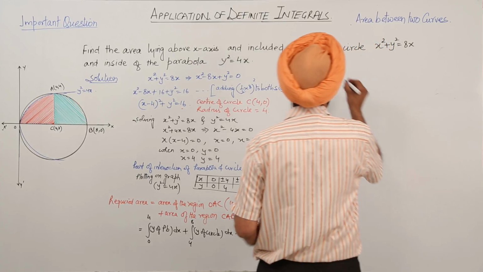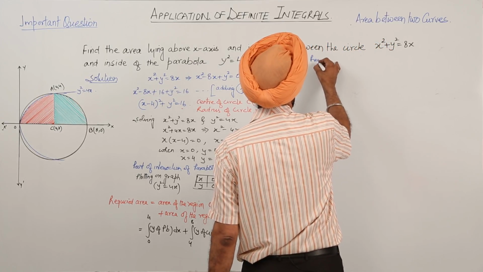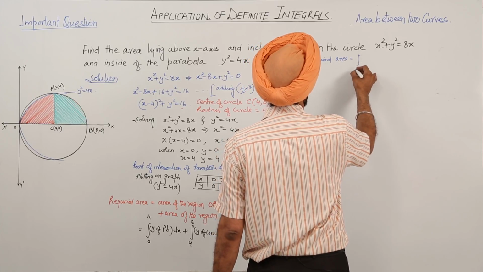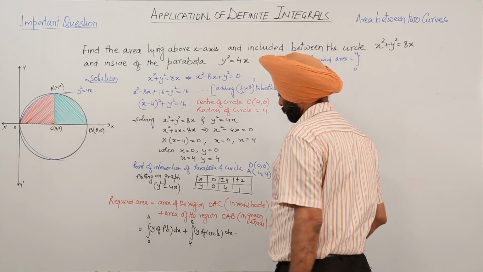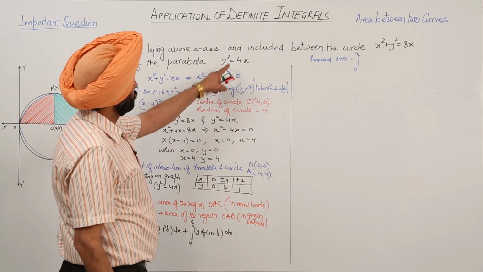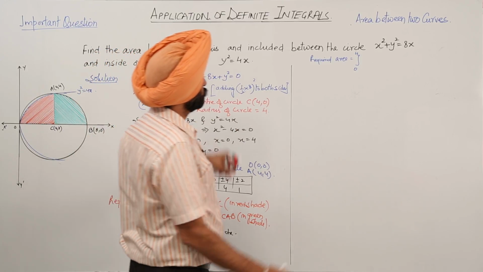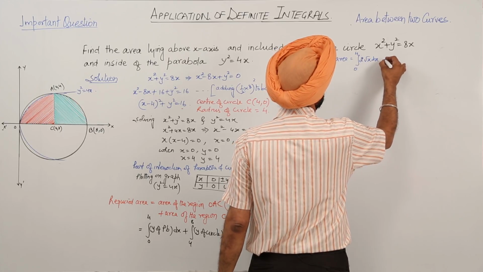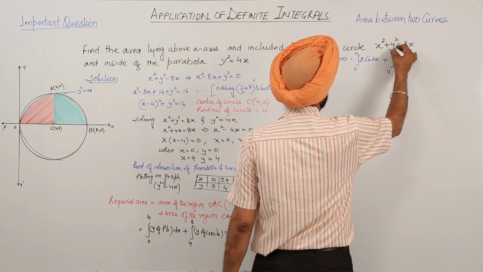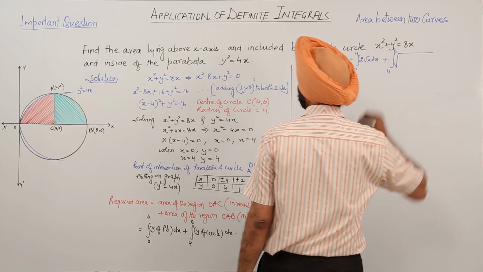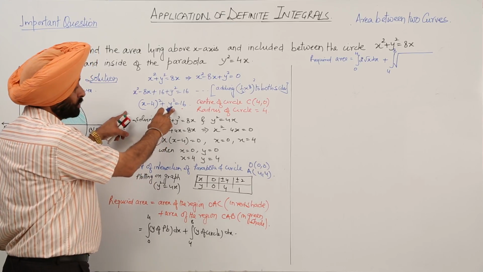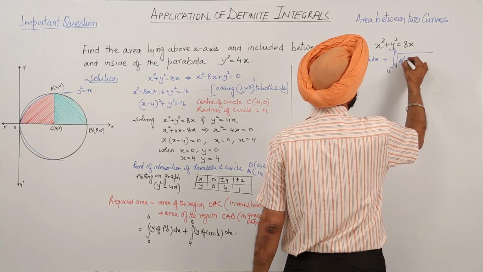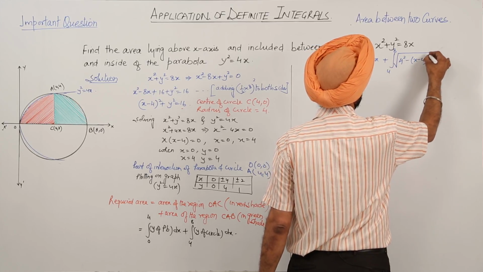Now the required area is equal to the integral from 0 to 4 of y of the parabola, which is 2 root x, dx, plus the integral from 4 to 8 for the circle. Now let's take this equation for the circle: root of 4 square minus (x minus 4) whole square, dx.